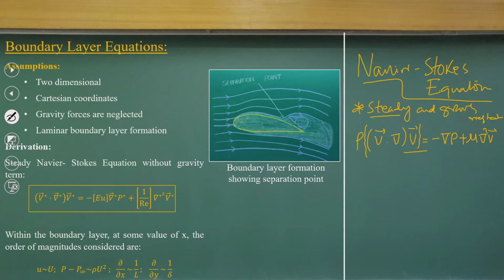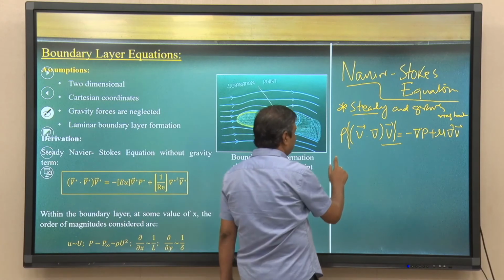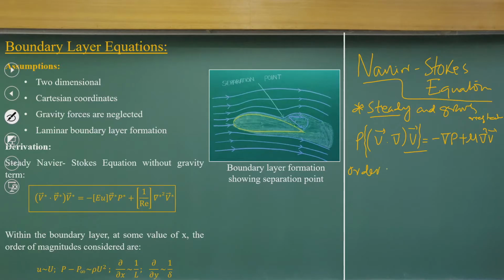What we do is an order of magnitude analysis. Okay. Many times we look at it, for example, as you have seen now, we have the convective part of the acceleration component, we have the pressure gradient component, we have the viscous force component.